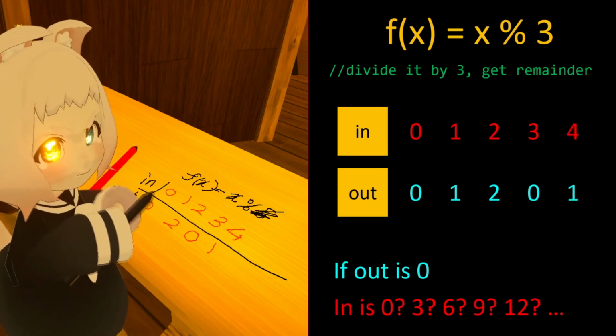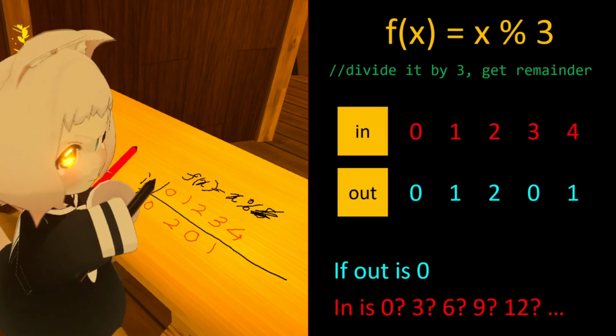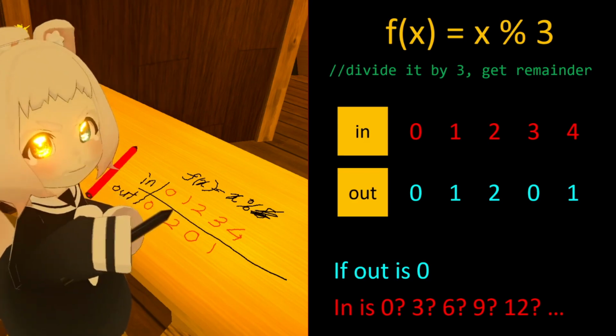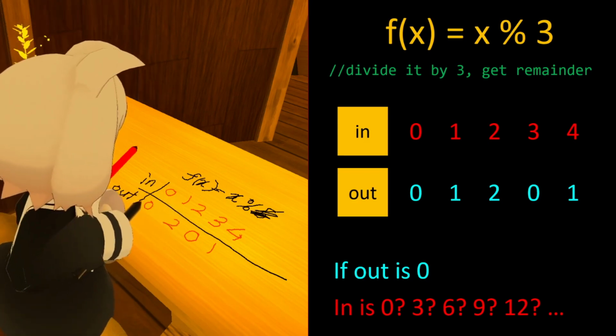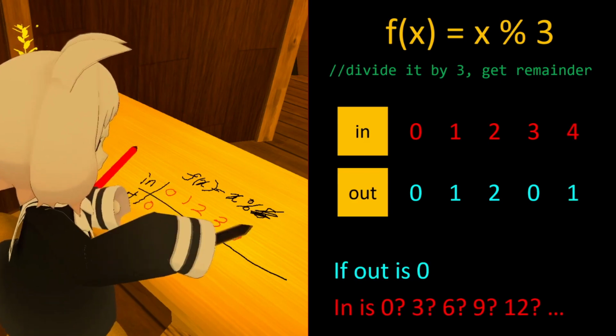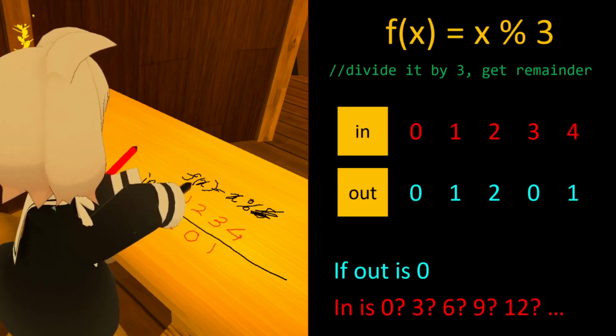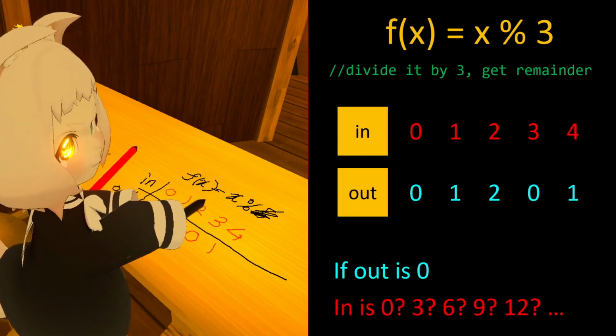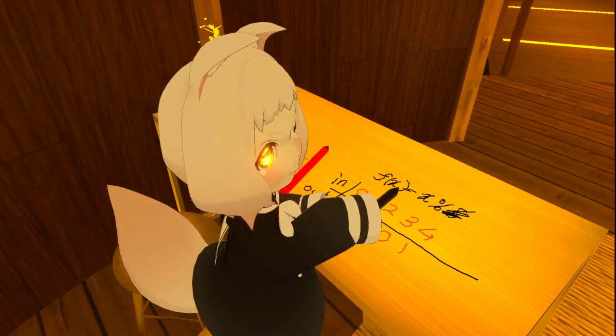From the standpoint of a function, it cannot guarantee that the number I give is the original number, because I only know it's a 0, but it could be 0, 3, 6, or whatsoever. So this function does not have an inverse function, so you have to be careful with that.